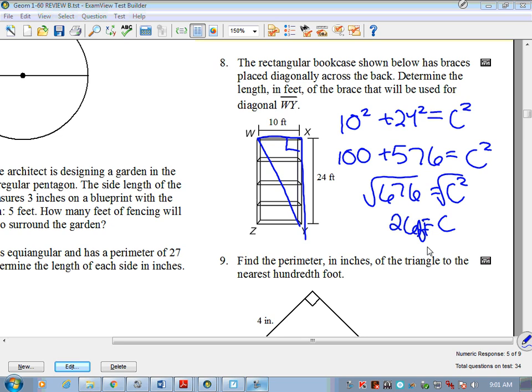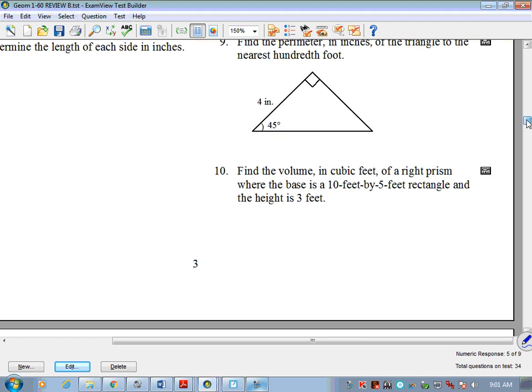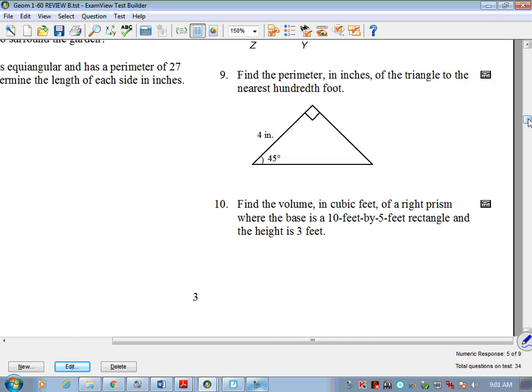Okay, let's clear that up and let's go on to question number 9. Find the perimeter in inches of the triangle to the nearest 100th foot. This is lesson 53, 45-45-90 triangles. Notice that I have a right angle and a 45-degree angle.